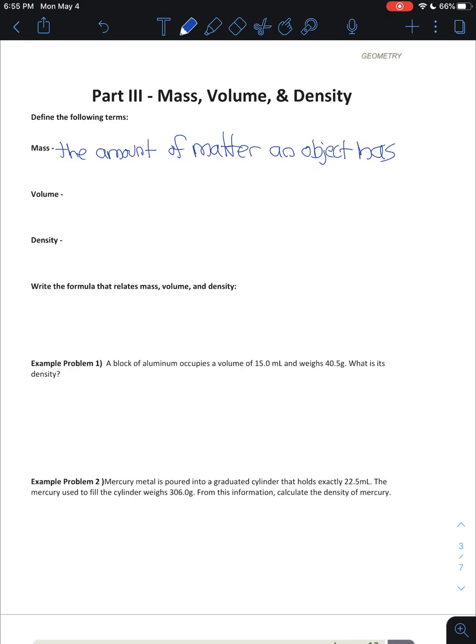But it is a bit of a distinct concept from weight. Volume we've done before, right? Volume is the amount of space an object takes up. Kind of like how big it is, basically. So mass is kind of like how heavy it is. Volume is kind of like how big it is.